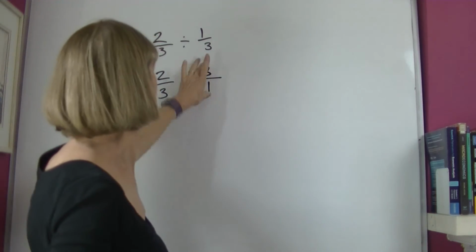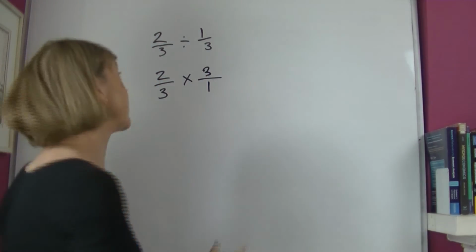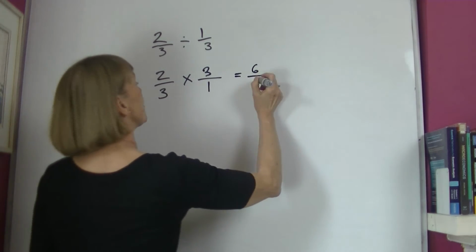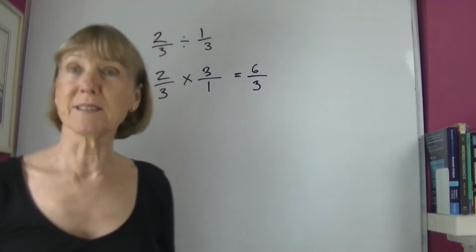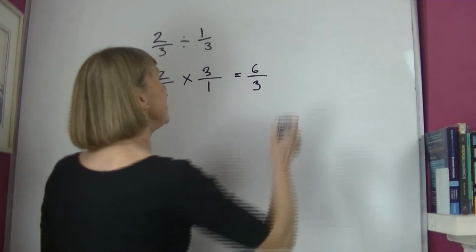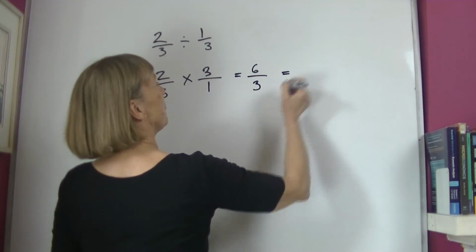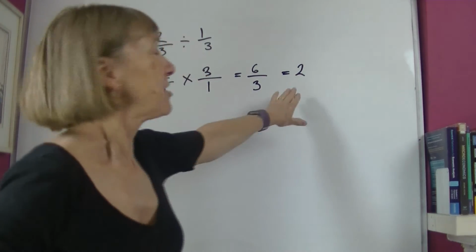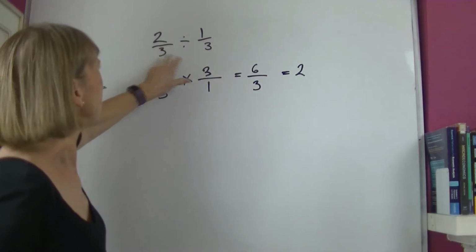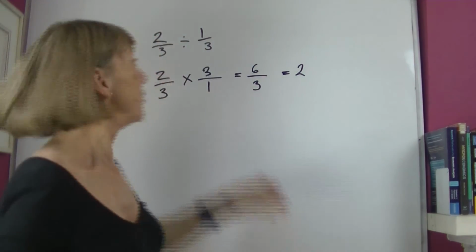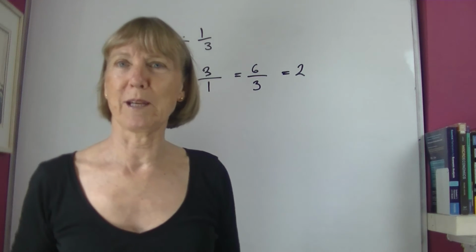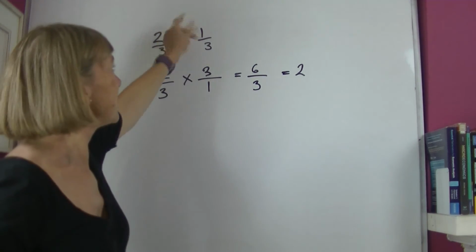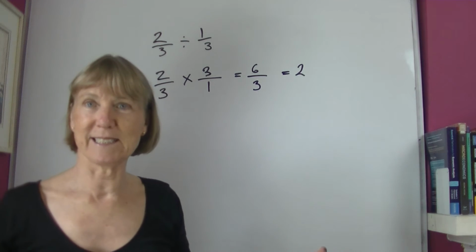We simply turn this one upside down, and now we multiply it as before. 2 times 3 is 6, over 1 times 3 is 3. We notice that we can simplify that greatly because 3 goes into both of those, and that gives an answer of 2. And actually that's what we'd expect, because what we're really saying is how many times does 1/3 go into 2/3, so it's going to be 2 anyway. All right, so division becomes multiplication simply by turning that one upside down and makes it nice and easy.